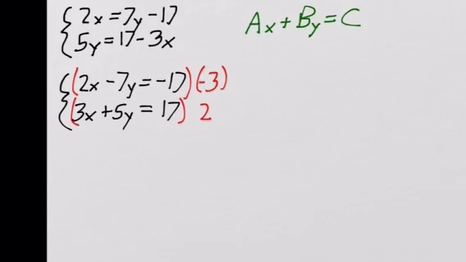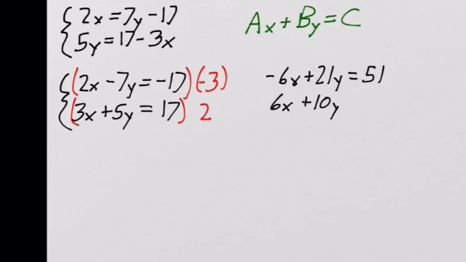that's going to make the equations negative 6x plus 21y is equal to 51. And then positive 6x plus 10y is equal to 34.